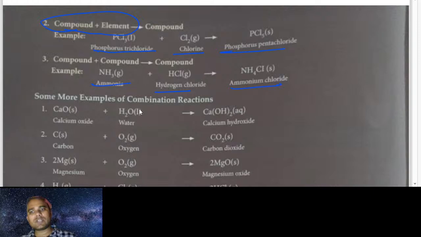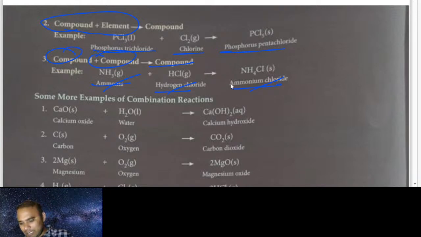So either elements combine, or a compound and an element combine, or compounds combine. These are considered to be combination reactions.